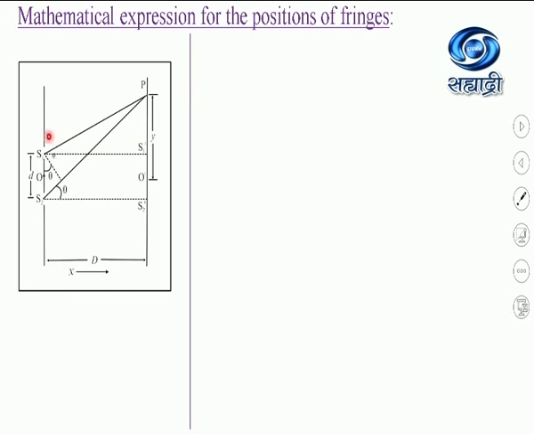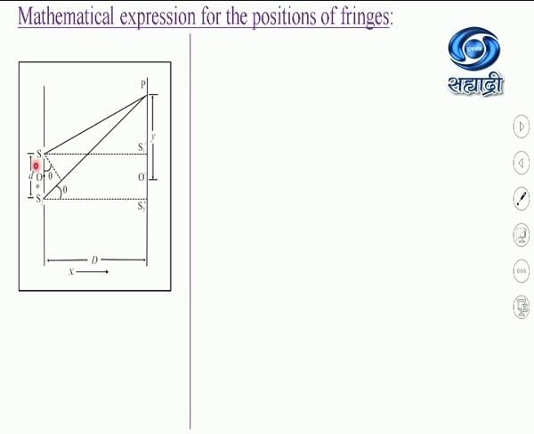We assume that these light waves travel along the x-axis and the screen is placed in the YZ plane. But we are seeing the cross section in the XY plane, and therefore the screen is along the Y direction.